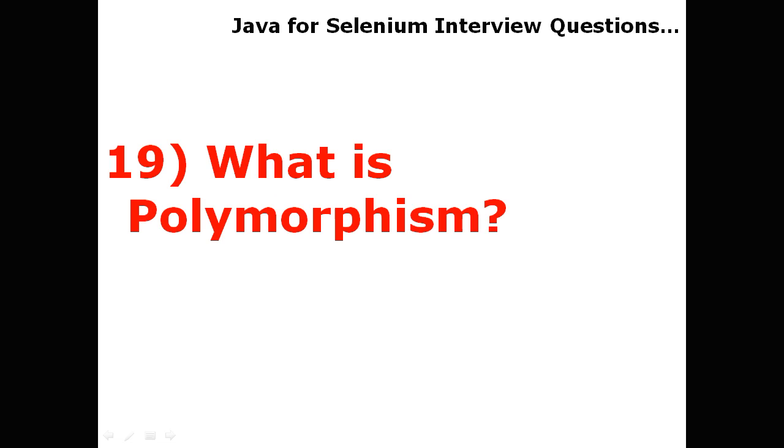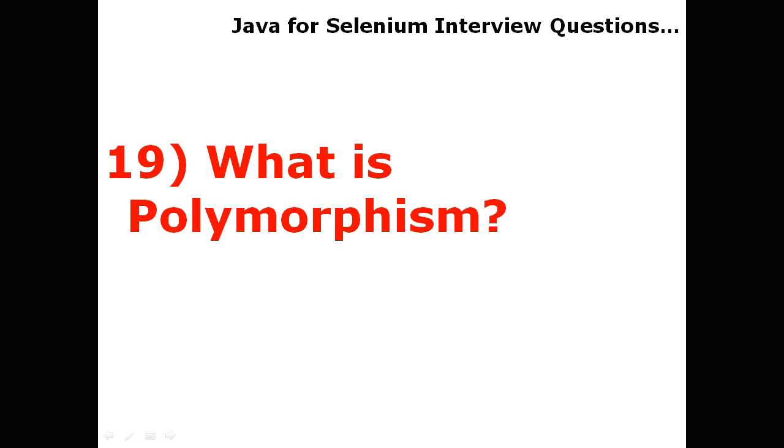Okay. Next, what is polymorphism? Polymorphism means existence of object behavior in many forms, many ways. There are two types of polymorphism in Java. One is compile time polymorphism or method overloading.